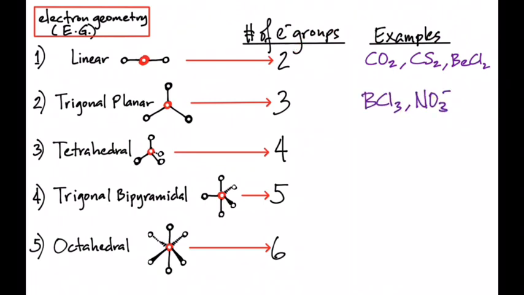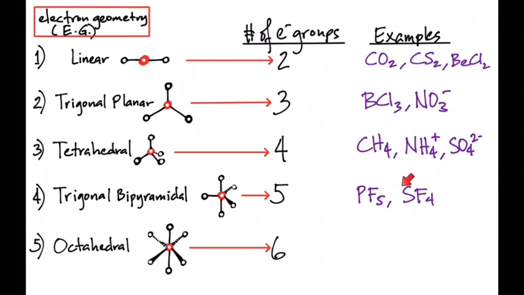Boron trichloride and the nitrate ion will have 3 electron groups on the central atom, which means that it will have a trigonal planar electron geometry. Molecules such as methane, CH4, ammonium ion, and the sulfate ion will have a tetrahedral electron geometry, which means they have 4 electron groups.